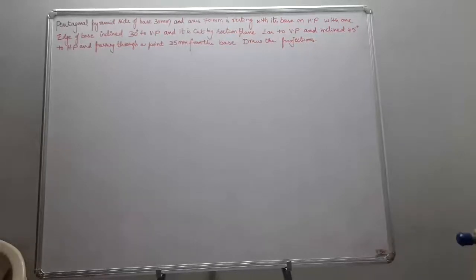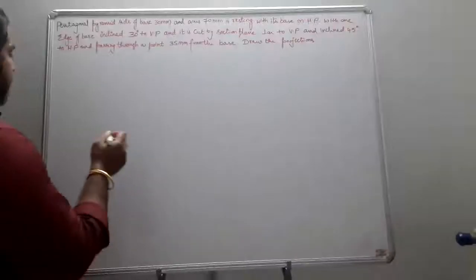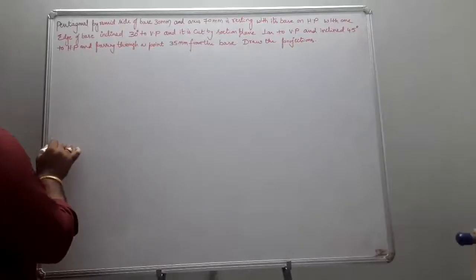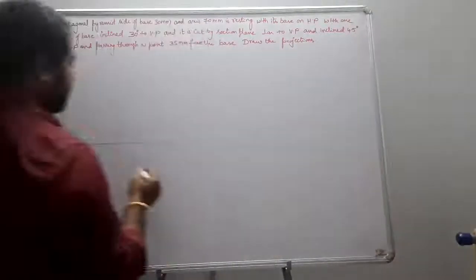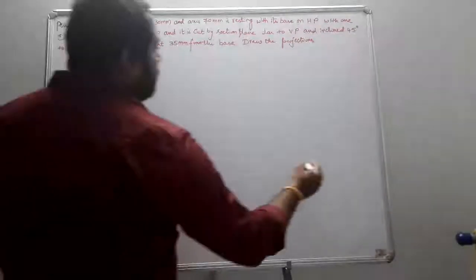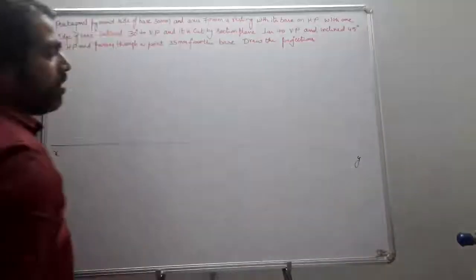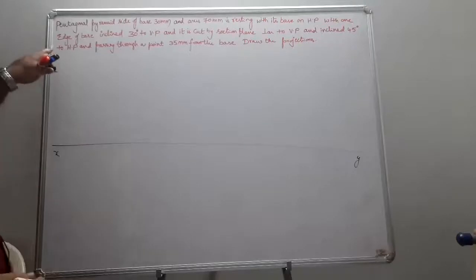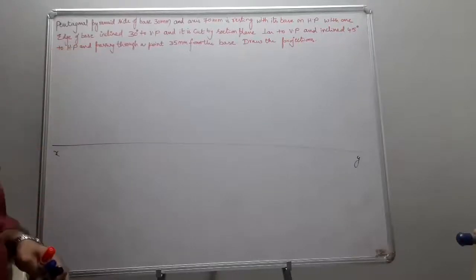Students, is it okay? So, a pentagonal pyramid, side of base 30 mm and axis 70 mm, resting with its base on HP such that an edge of the base is inclined 30 degrees to VP.